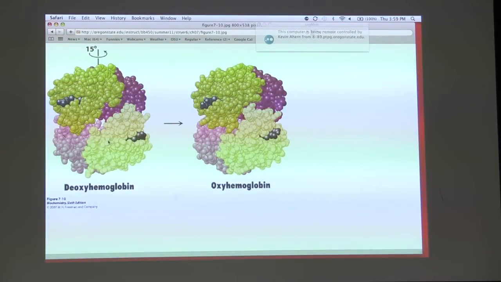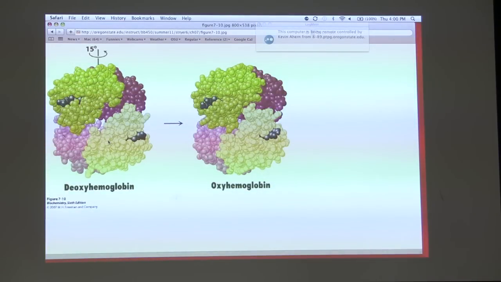We give these two different states names. A low affinity binding state is something we refer to as the tight state. And I like to think of it as an uptight person. An uptight person isn't very flexible. They don't adapt very well. They're very rigid. You know people like this, I'm sure. And that T state doesn't bind oxygen very well.